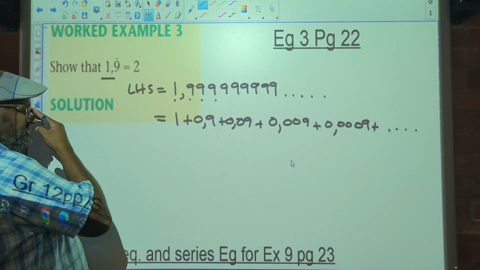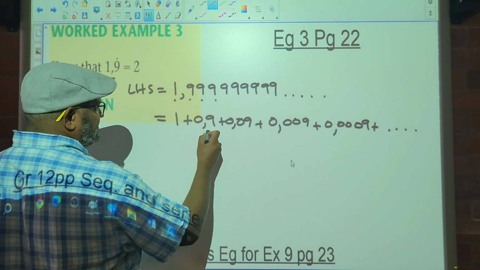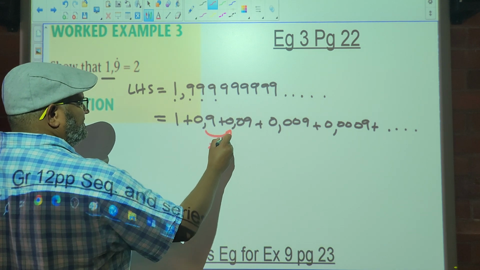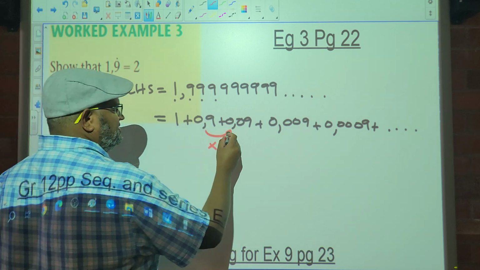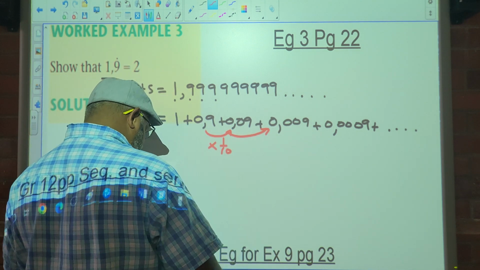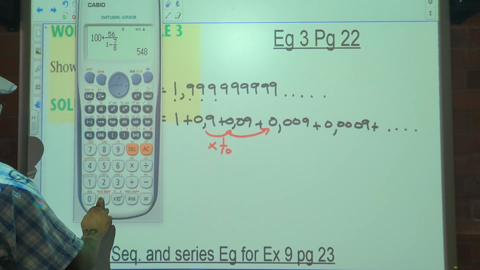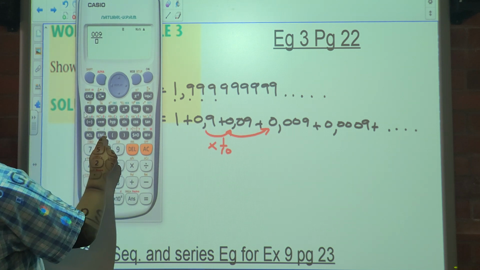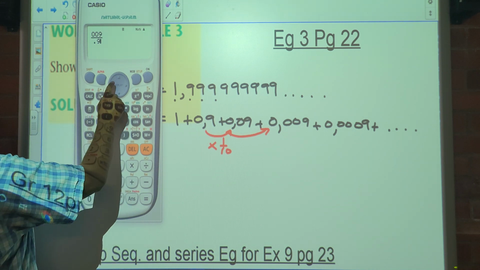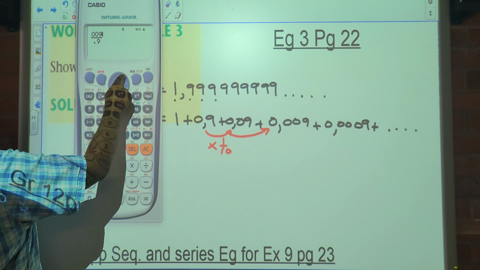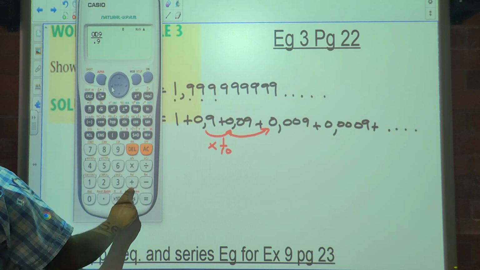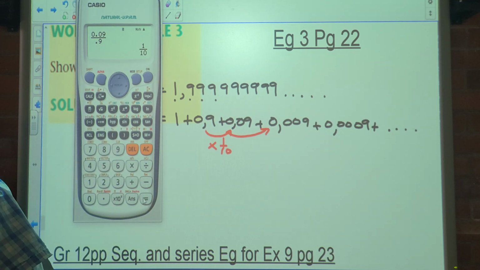But if I look at this, how do I move from one term to the next? Multiply it by 1 over 10. Not so. Is that correct? Let's say 0,09 divided by 0,9. 1 over 10.